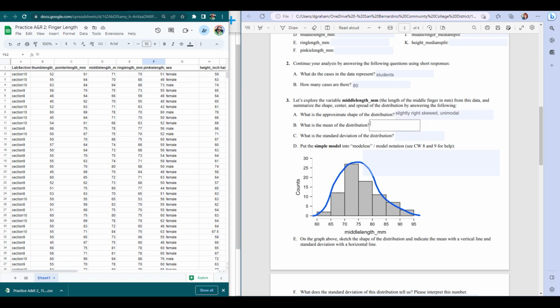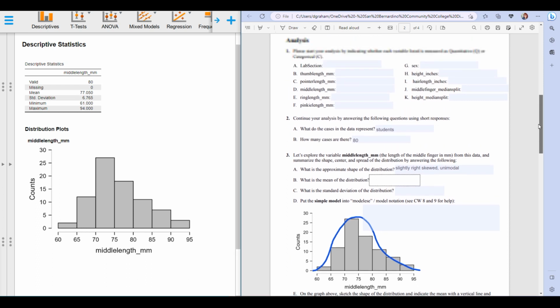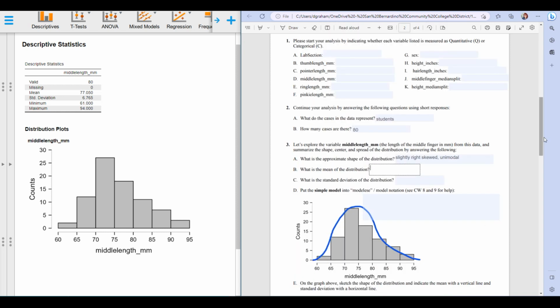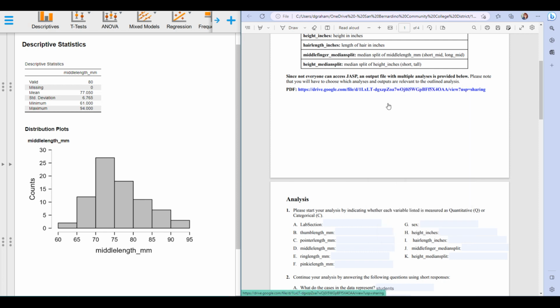Now the mean of the distribution, this is coming from JASP here. And if you're unable to run the JASP program, you can actually open up this file here. Oh, I don't want to leave. So let me try opening it as new tab.